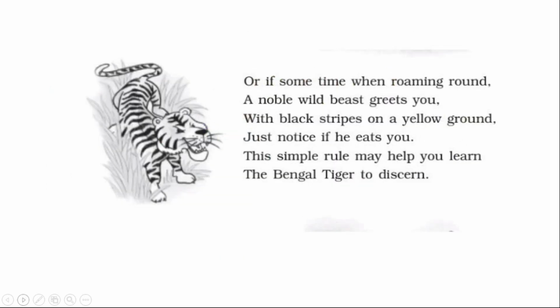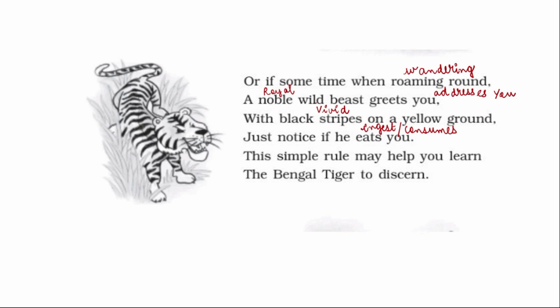Or if sometime when roaming around, a noble wild beast greets you. So in the next stanza, the poet says that if sometime when you're wandering round, a royal wild beast addresses you or greets you with black stripes on a yellow ground, just notice if he eats you.